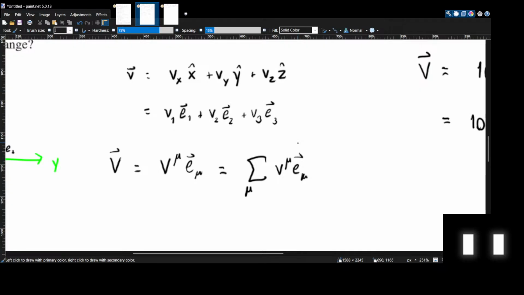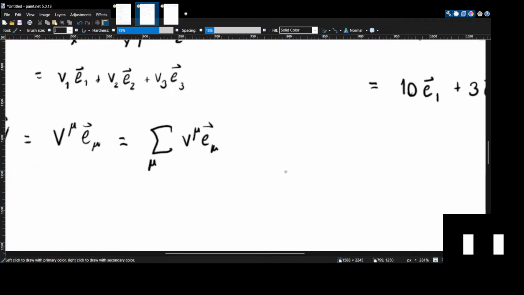This is Einstein's summation notation. The v mu here doesn't mean v to the power of mu, obviously. It means the muth component of v. It's as if writing the number 1 up here instead, or number 2 up here instead. It's like changing the position where the index goes.